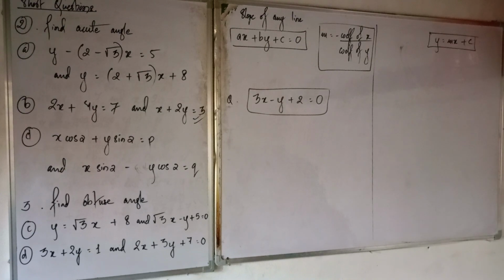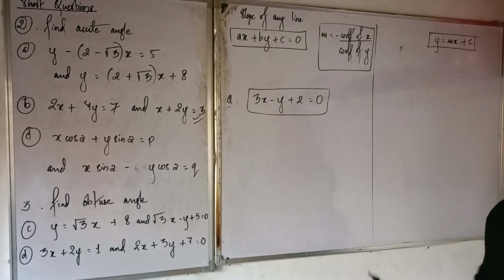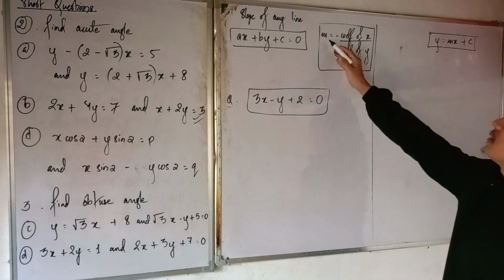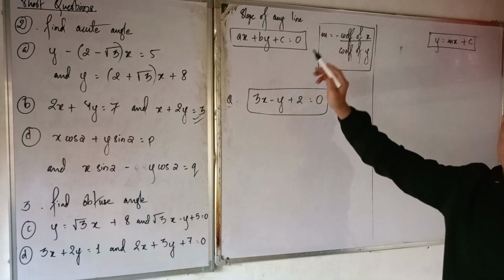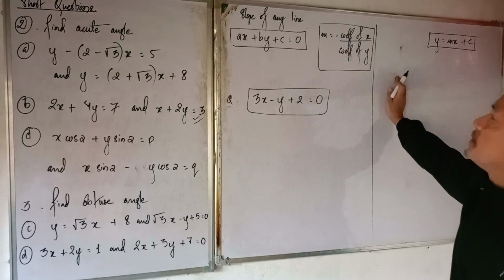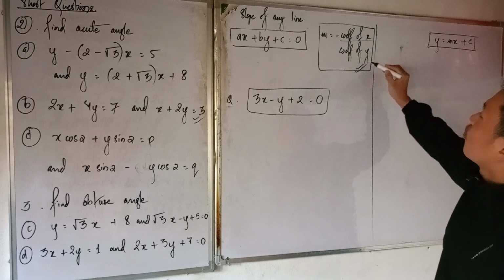You can find the slope of any line by two methods. One method is this formula, where m represents the slope of the line: m equals minus coefficient of x divided by coefficient of y.